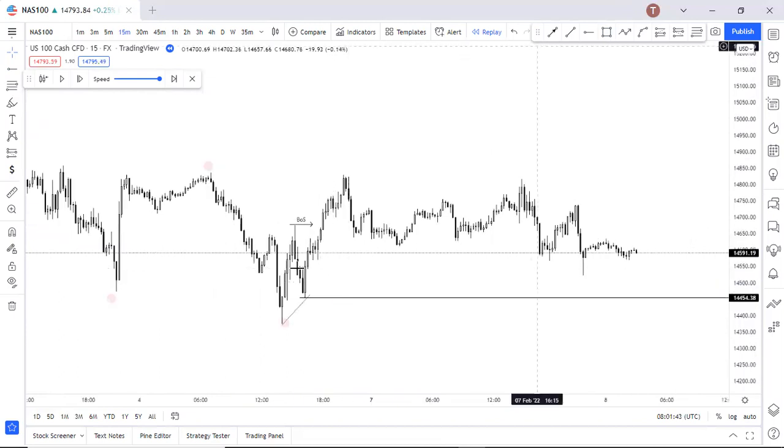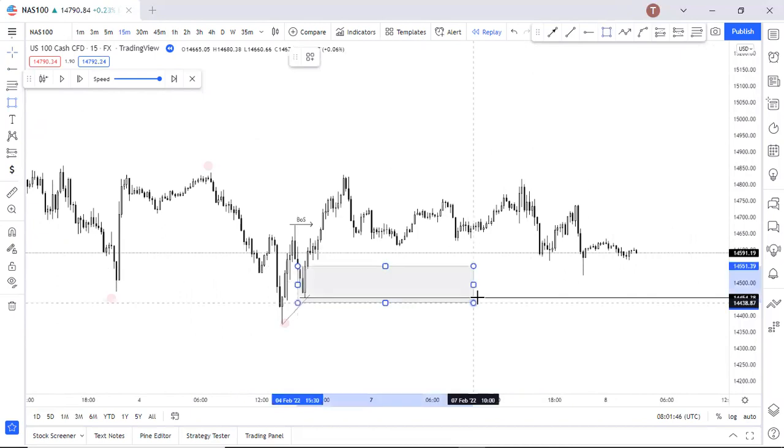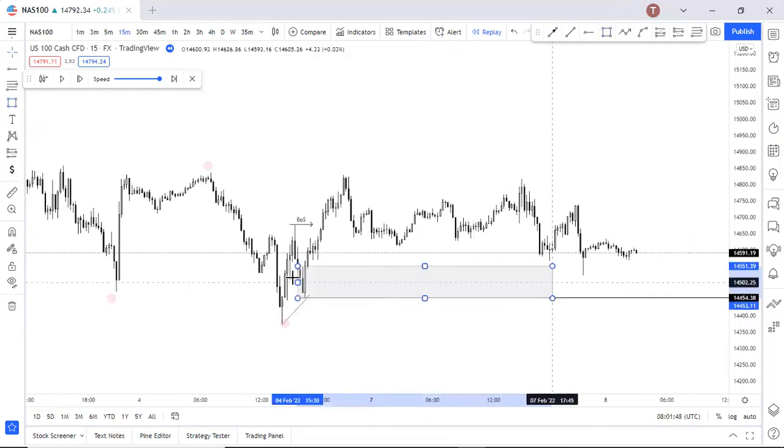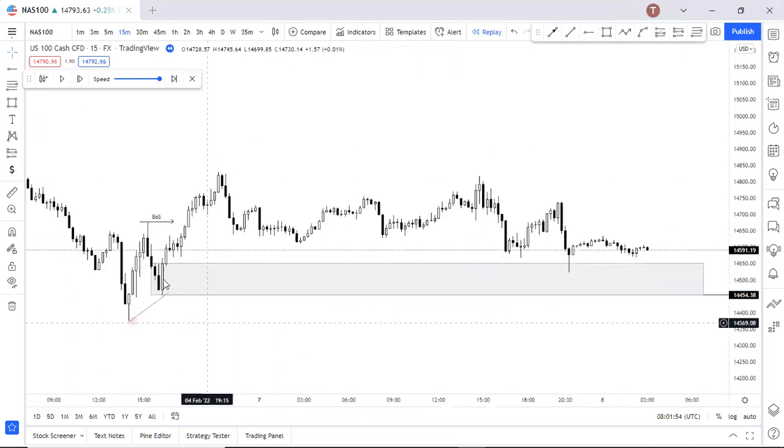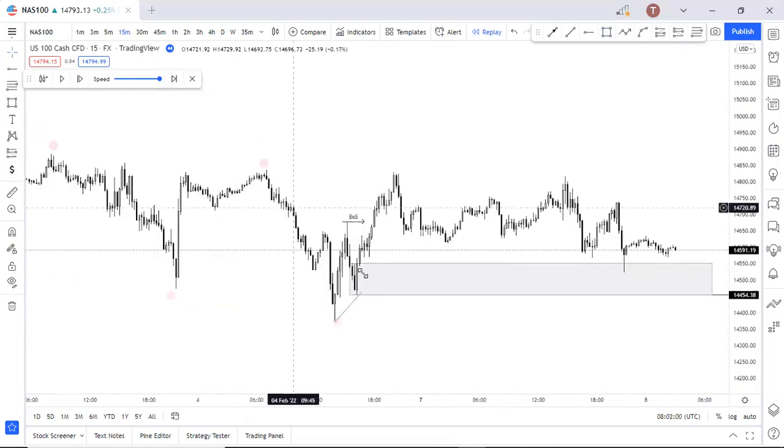So I can see this demand zone right here. That is the zone where the market pushed up from. This was the inception of this push right up here. So I marked out this zone.